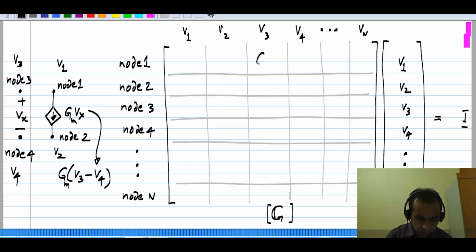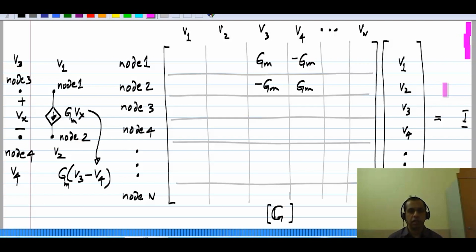So it will have GM over here and minus GM over there: plus GM multiplies V3 minus GM multiplies V4. The current flowing away from node 2 is the negative of this. So we will have GM times V4 minus GM times V3.